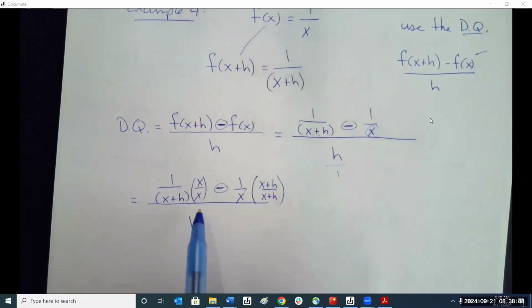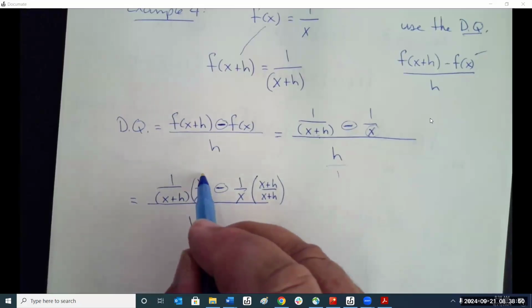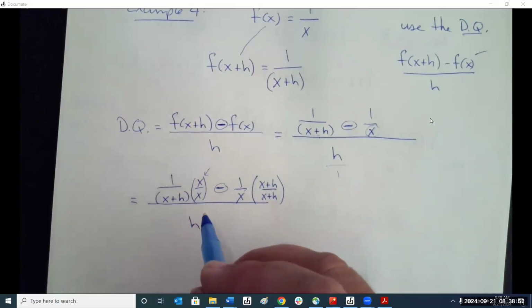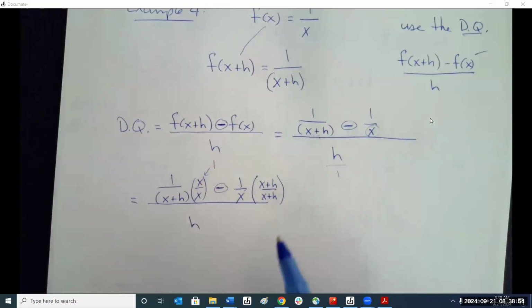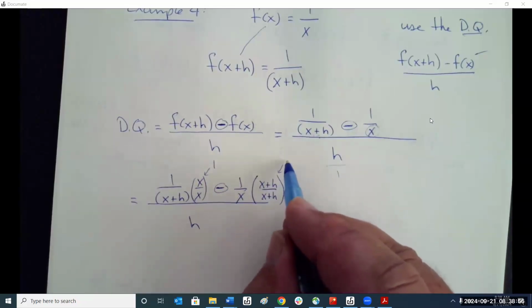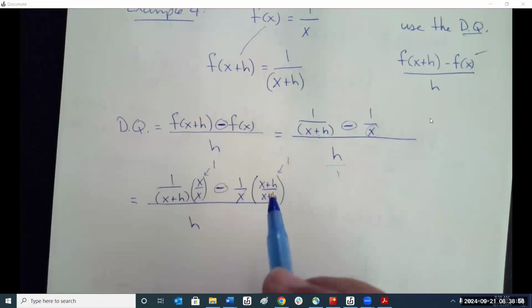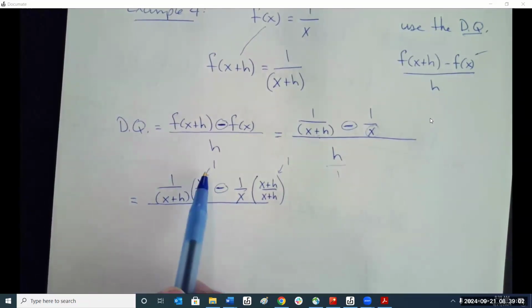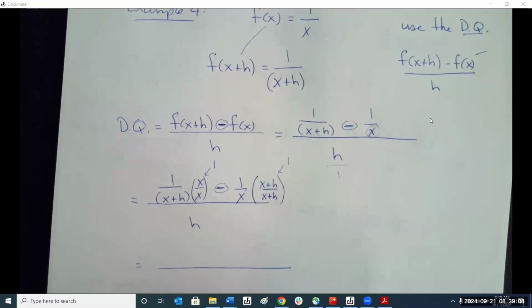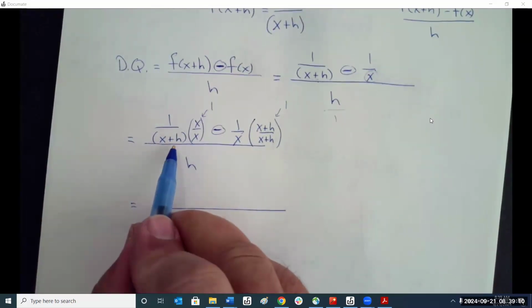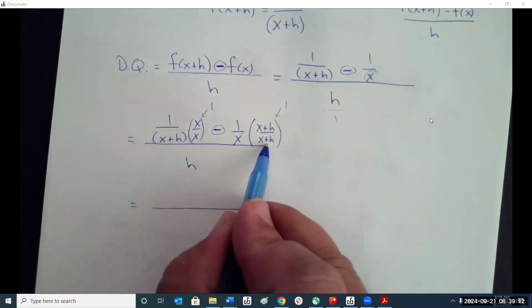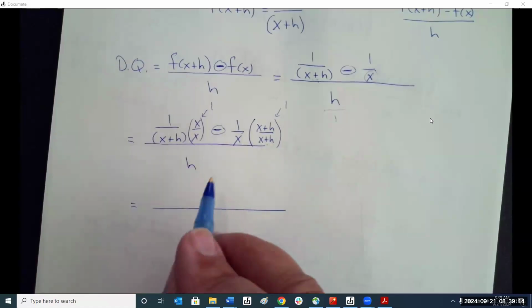Yes, to get the common denominator, but what is x over x? It's 1. X plus h over x plus h is 1. So I'm not changing the function. I'm just changing the way it looks. Any number times 1 is itself. So what's that going to look like? They both have an x plus h, they both have an x.